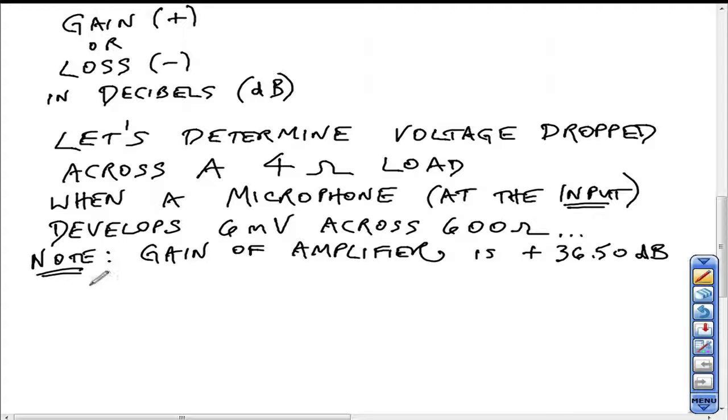This is the last bit of information, which is very important, that the gain of our amplifier is a positive 36.5 decibels.